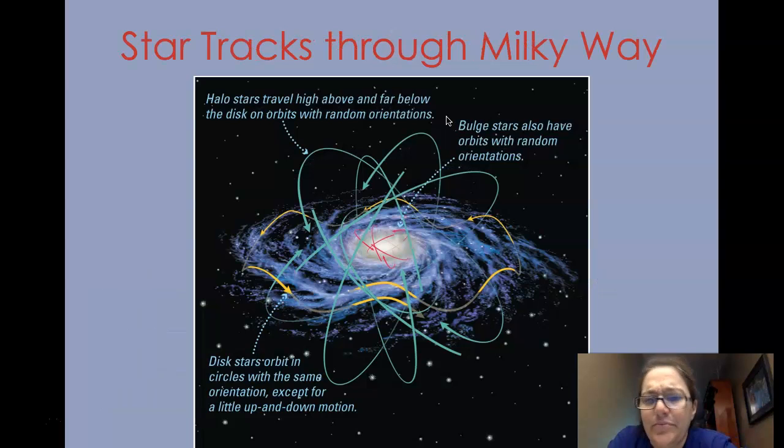So how do stars move through the Milky Way? Well, in the disk, they orbit the center of the galaxy. But they don't orbit in a flat plate like a record. They bob a little bit. And why is that? The disk of the galaxy is attracting this star, and so it falls down to the disk of the galaxy.